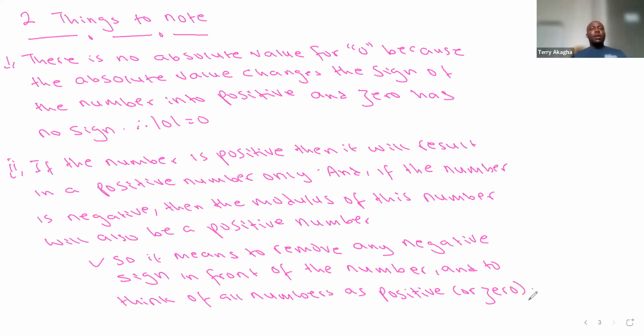Okay, so that's what I'm trying to say. So the two things to keep in mind: there's no absolute value for 0. And if a number is positive, the answer you get should be positive. And if the number is negative, the answer will also be what? Positive. All right. That is two things to note.